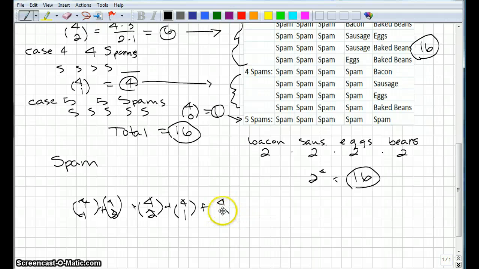Oh goodness, I'm having a lot of trouble with this pen. I don't know what's going on. Yeesh, that's not good.